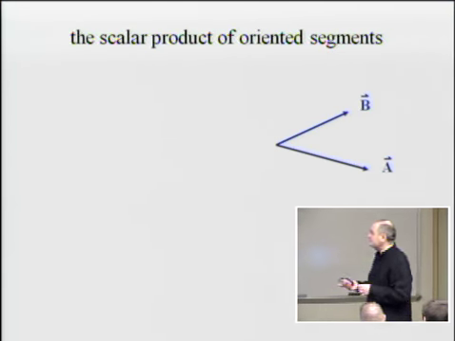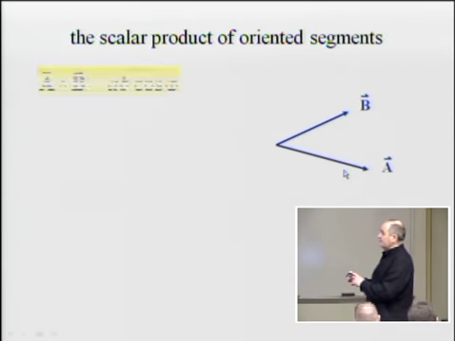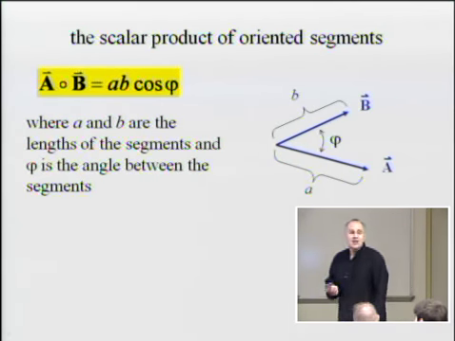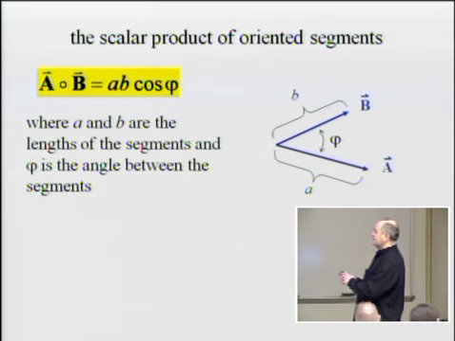arrays. So if I have two arrows, the scalar product of two arrows is calculated by taking the lengths and the angle between the vectors. So the scalar product of arrow A multiplied by arrow B is equal to length of arrow A times length of arrow B times cosine of the angle between them.